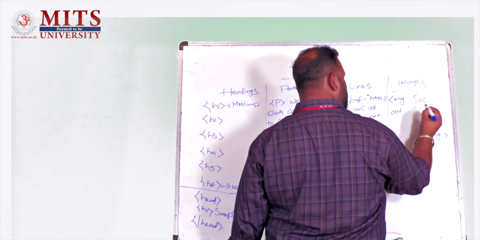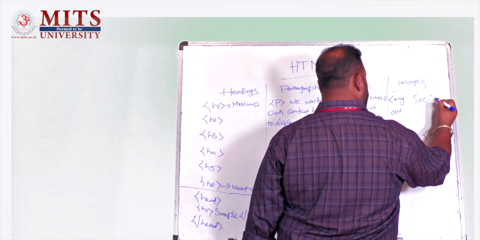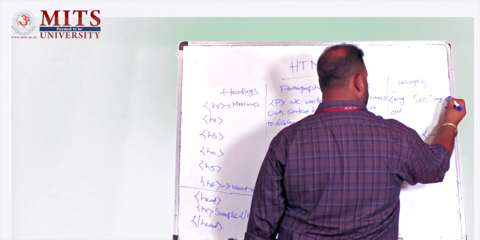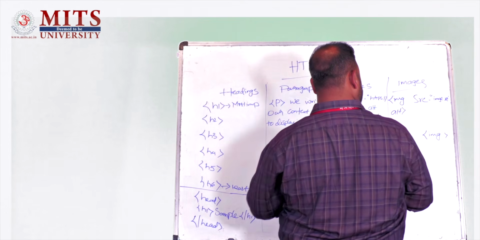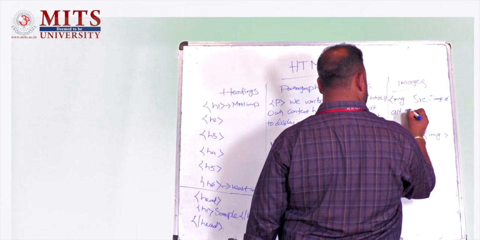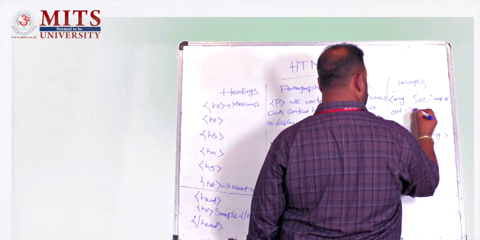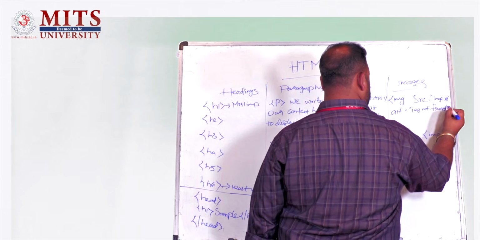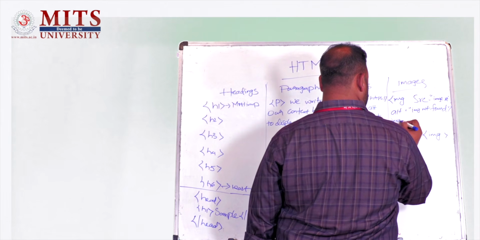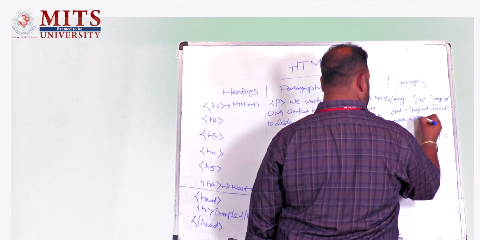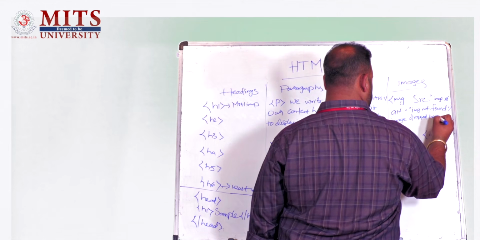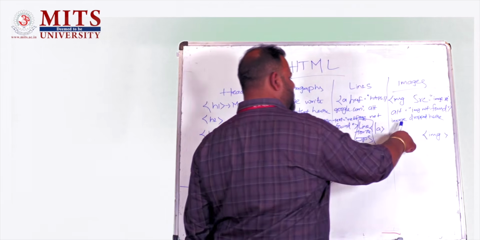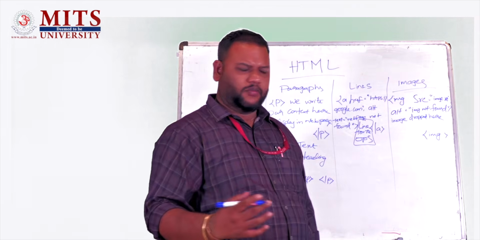In the opening tag, use src and give the path here, so we add the image here, and the alt text is going to be visible once the image is not accessible.